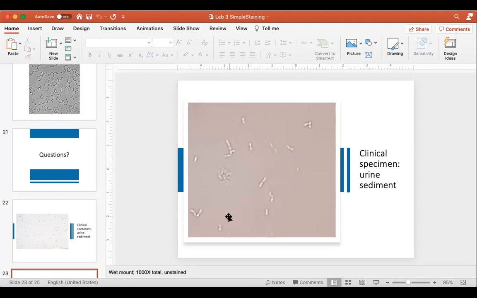So it has to be either a rod or a sporulum. Or, like I said a minute ago, it is also possible, since this is a clinical specimen, that there are two shapes of bacteria on here, or maybe even three. It's not uncommon to have mixed bacterial populations in clinical specimens.